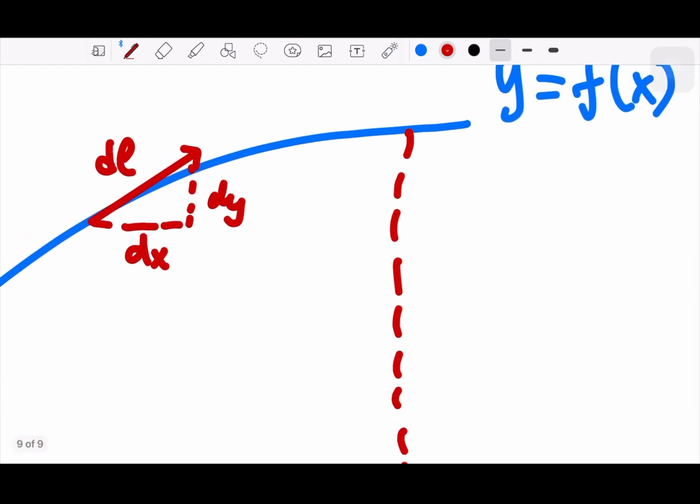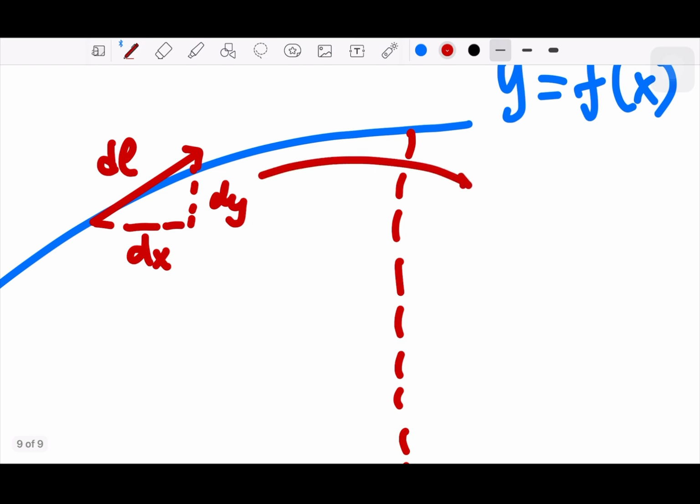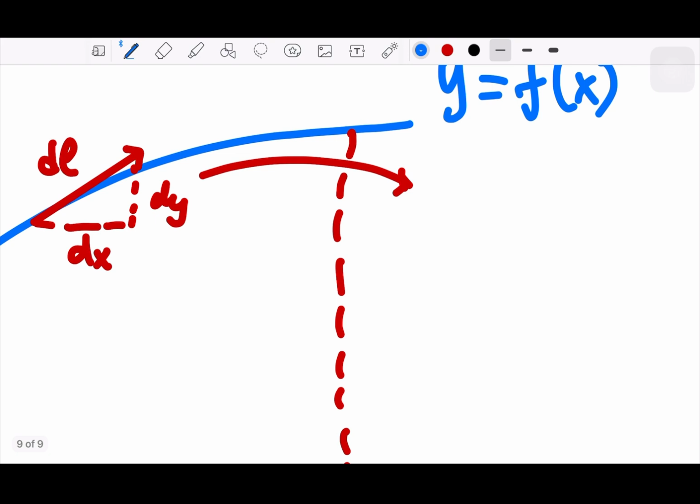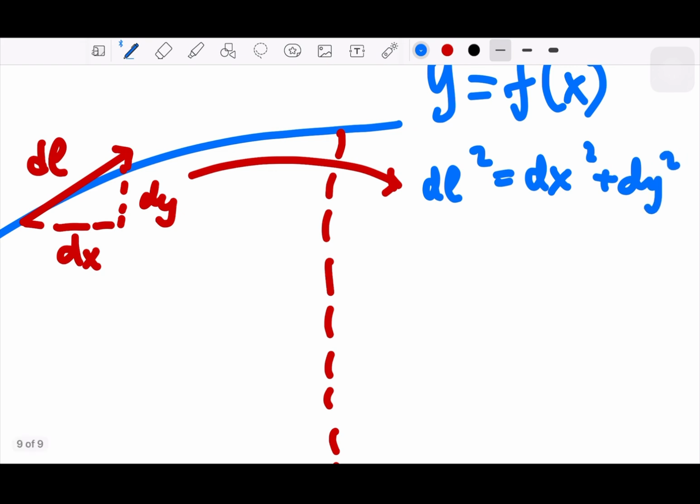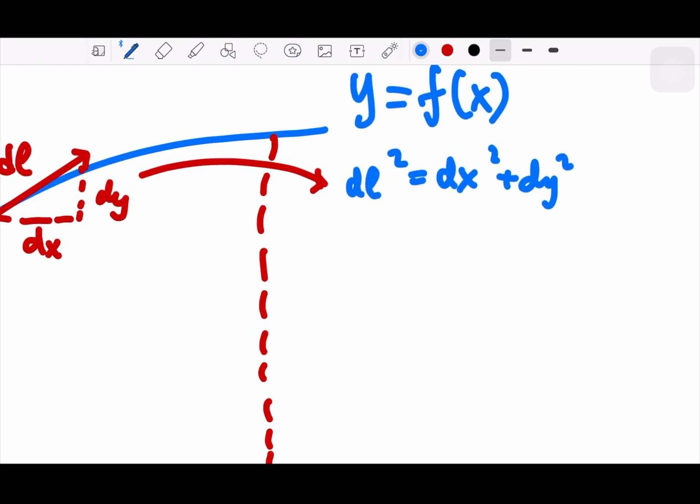So how do we deal with this? For me, the best way to approach this is just using the Pythagorean theorem. Doing this is, I think, very simple and very intuitive.